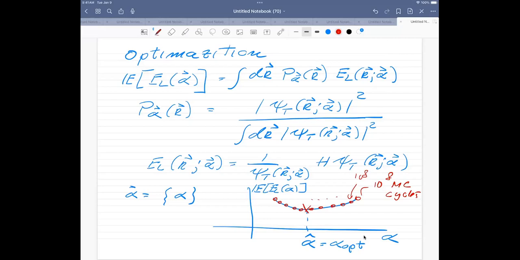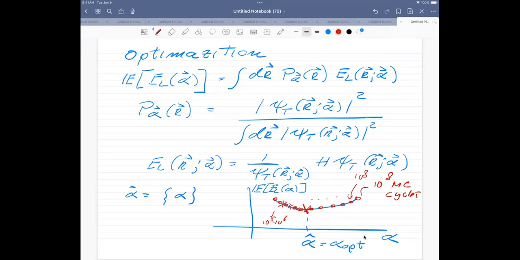So what I would like to do now is actually to reduce this kind of brute force approach, by making a calculation where we pick a specific value, and then we use, let's say, 10 to the 5 to 10 to the 6 calculations. And then we calculate the gradients. With the gradients, we are going to find this point here.